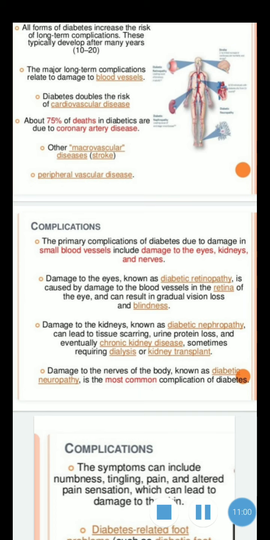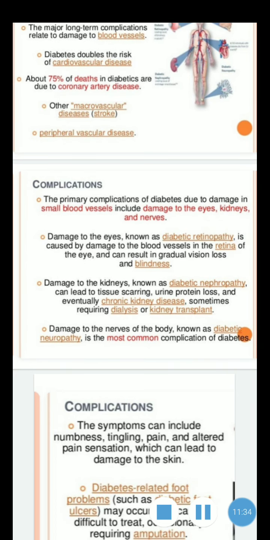I am repeating, damage to the eye is known as diabetic retinopathy, caused by damage to the blood vessels of the retina of the eyes, which results in loss of vision and blindness.